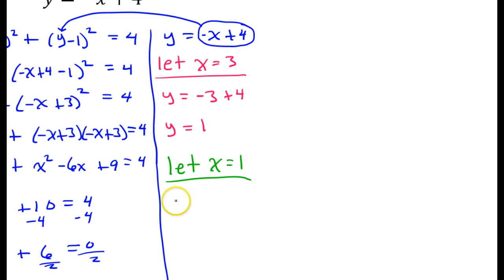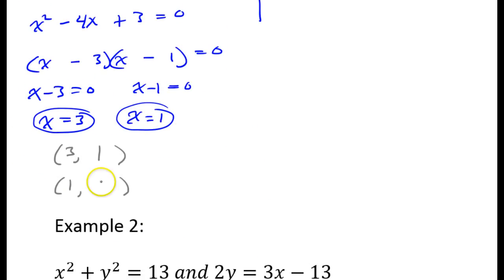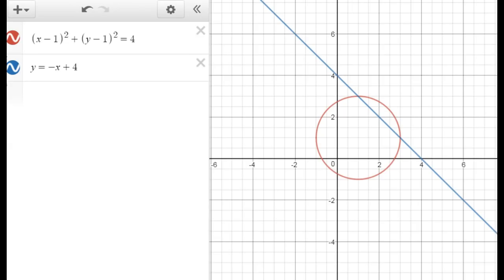Then I have y equals negative 1 plus 4, so that's going to give me y equals 3. So these should be my final solutions. Now let's check Desmos.com to see what this looks like. Here we have our circle being intersected by the line, and the intersection points are 1, 3 and 3, 1.